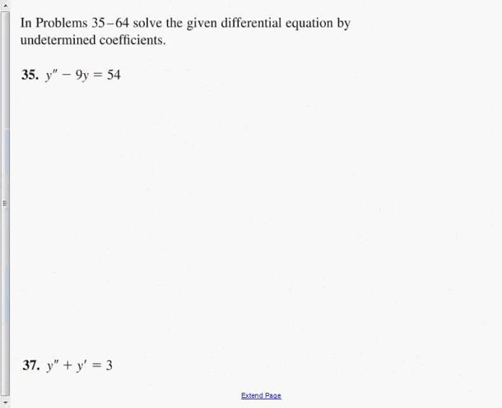Solve the given differential equation by undetermined coefficients. Let's see which one will be a better one. I think 37 is better, so let me do that one. Here, the first thing you do is solve y double prime plus y prime equal to 0. Well, we've done that before.